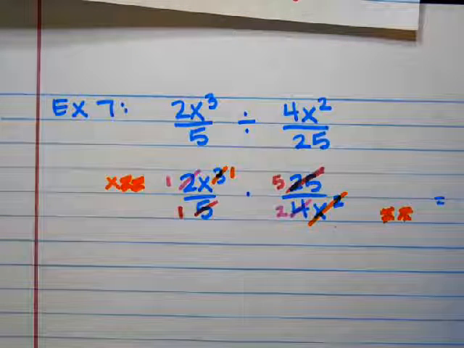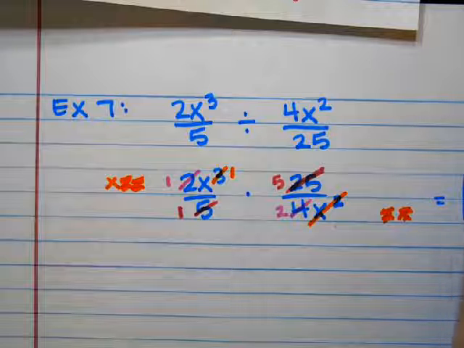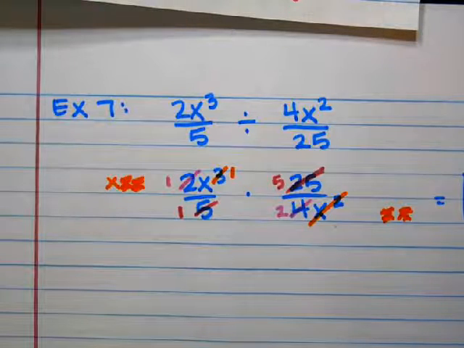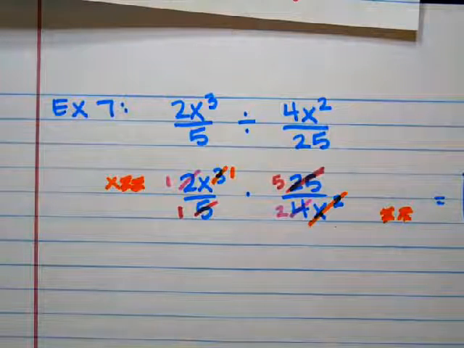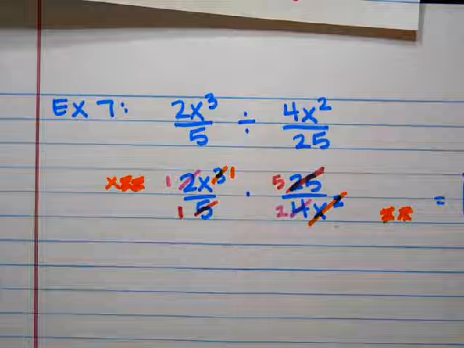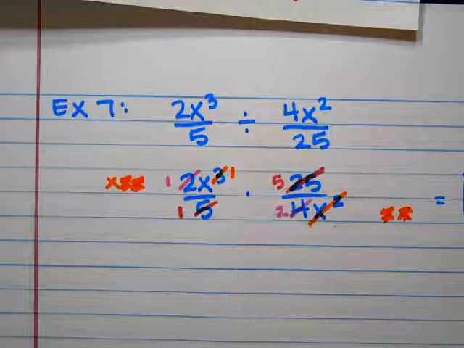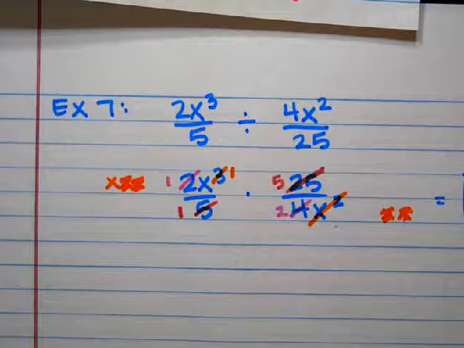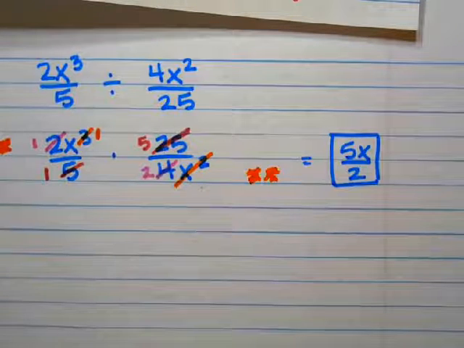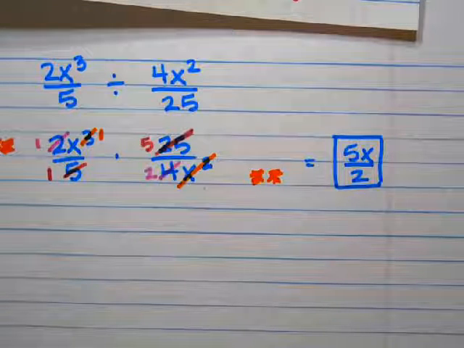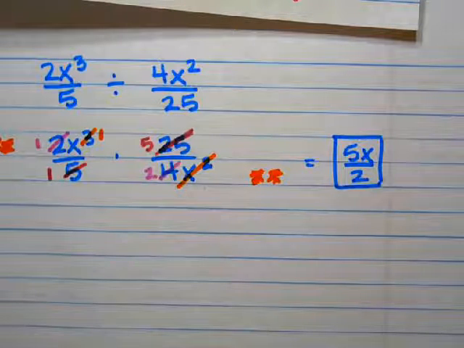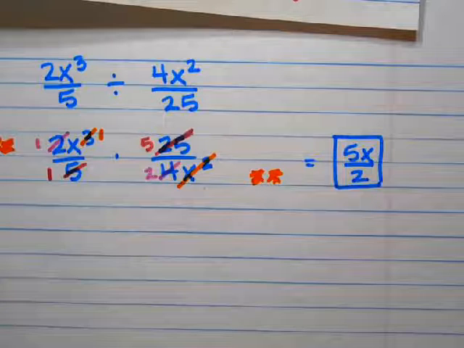Now, you could have multiplied the blue stuff without simplifying. You could have done 2x to the third times 25 over 5 times 4x squared and gotten a more complicated answer and then reduced. So you would have gotten 50x to the third over 20x squared, and you could have reduced it from there. It's just a little bit easier to reduce your numbers first and then multiply because you're dealing with smaller numbers.